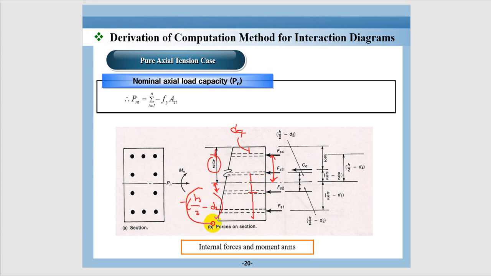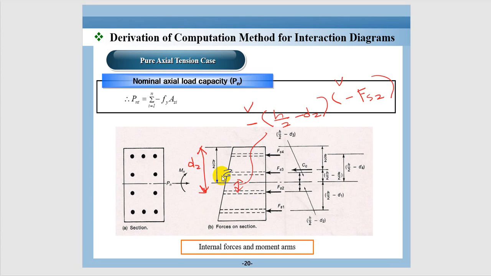So this changes direction because you are under the neutral axis. The moment contribution due to Fs2, the lever of the second layer, is nothing more than this distance times Fs2. This distance is calculated as h over 2 minus d2, and minus of it, right?